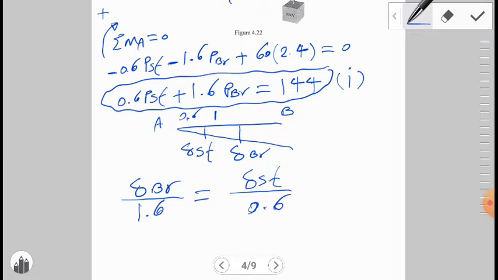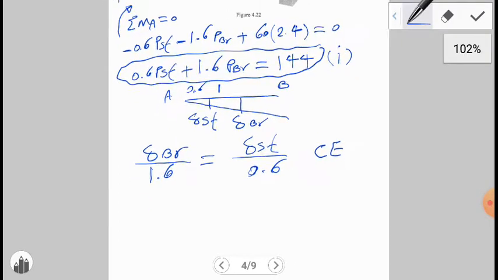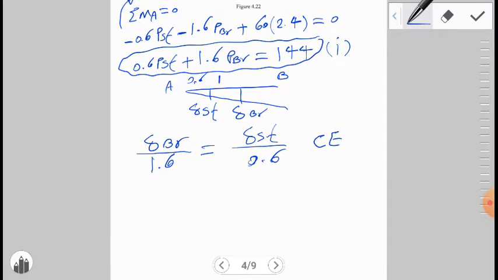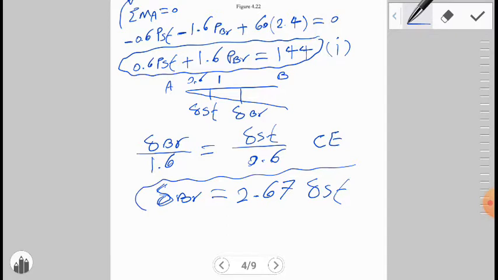We found this relationship based on the compatibility equation, and we can say delta bronze is equal to 2.67 delta steel. We call this equation number 2.